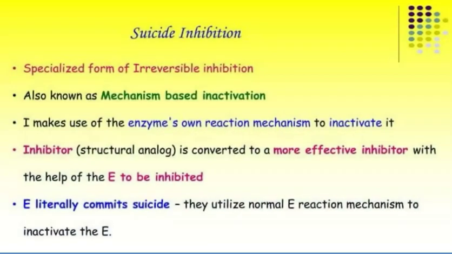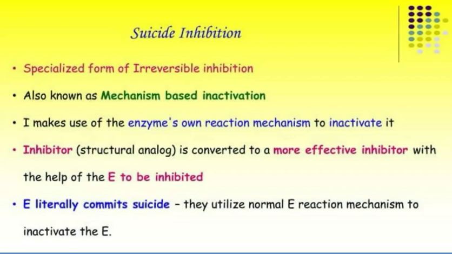Then the next, suicide inhibition, also known as mechanism based inactivation. It is a specialized form of irreversible inhibition in which the inhibitor molecule makes use of the enzyme's own reaction mechanism to inactivate it.